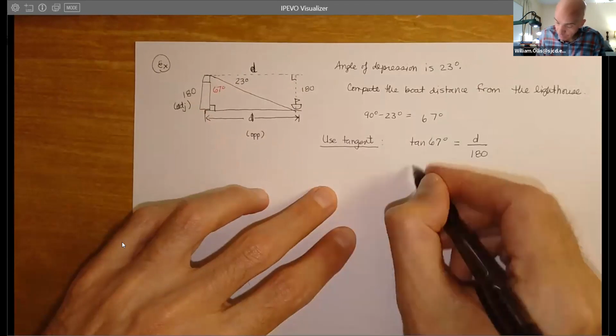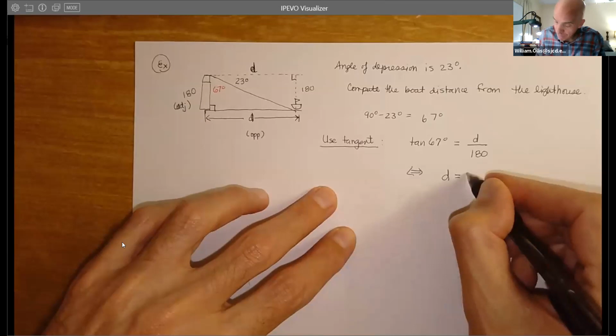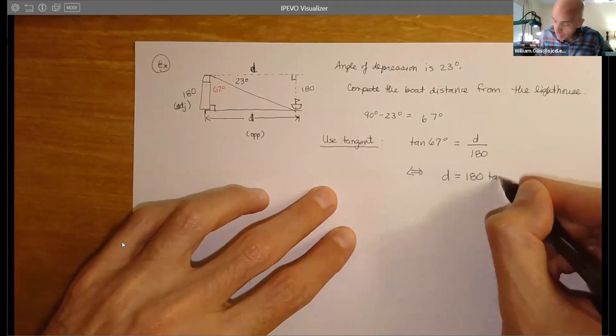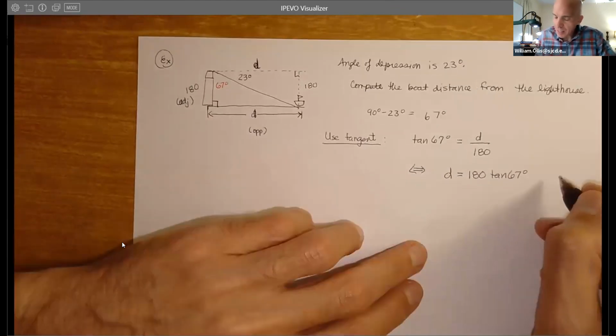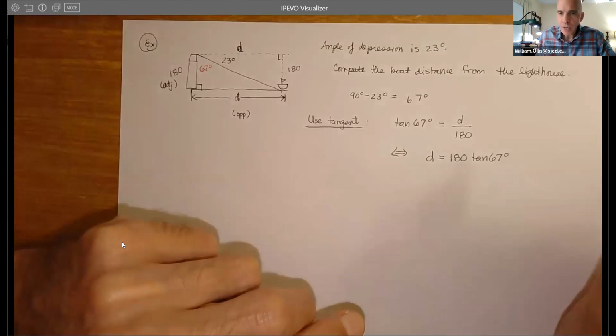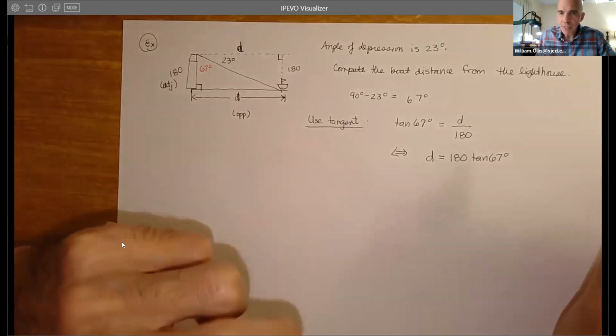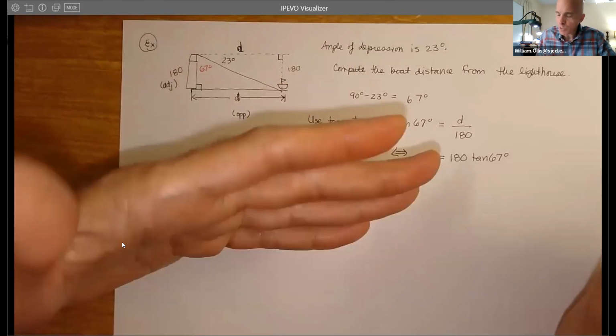If and only if D equals 180 times tangent of 67 degrees. Now, of course, with distance, it doesn't matter in this case. We can go ahead and convert, depending on how we want to do this particular problem.